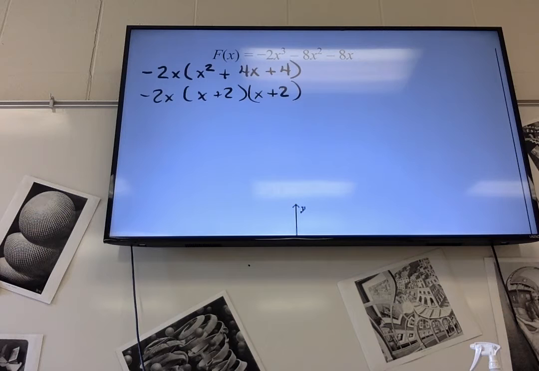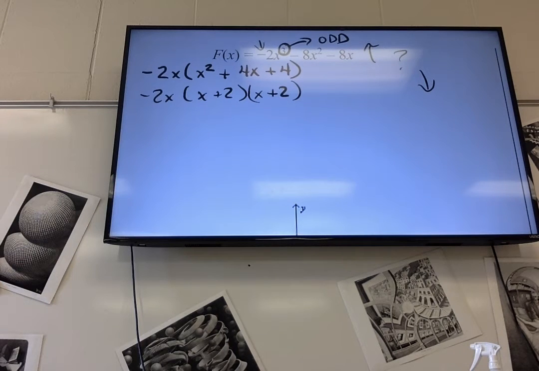So little things that this tells us: first off, degree is odd. So how are they going to point? Opposite directions. The leading coefficient is negative, so it's down on the right, up on the left, something in the middle.